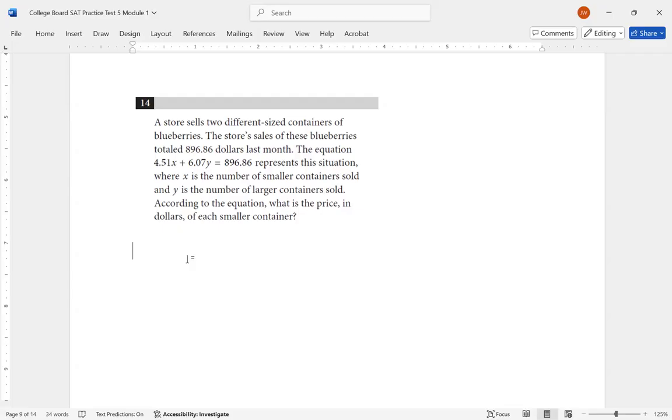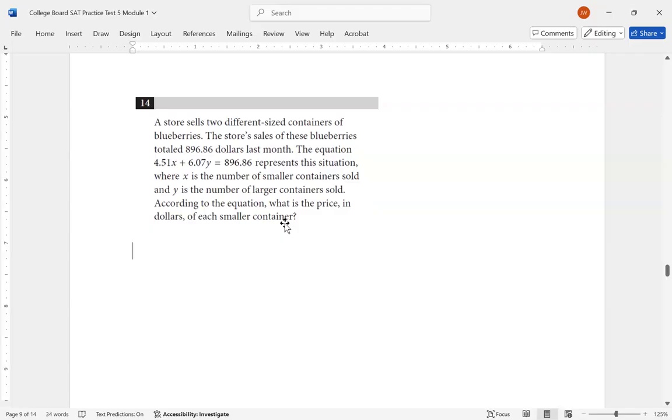So in terms of the smaller containers, x is the number of smaller containers sold. That coefficient of 4.51 has to be the price per container of the small containers. 6.07 would be the price per container of the large containers. This is only asking me about the smaller containers.